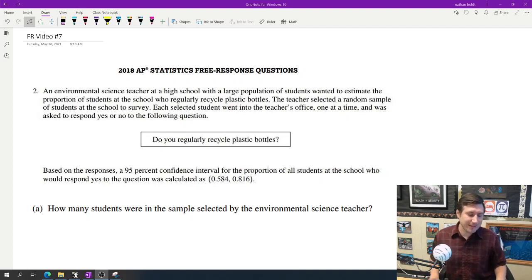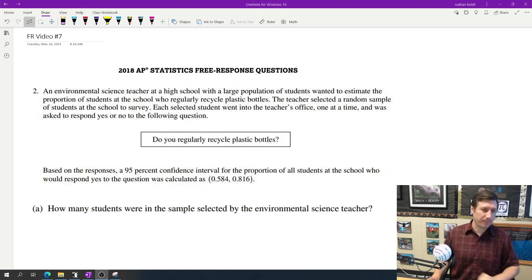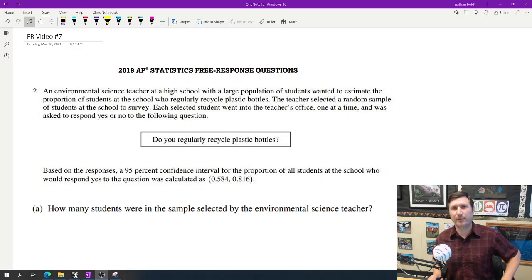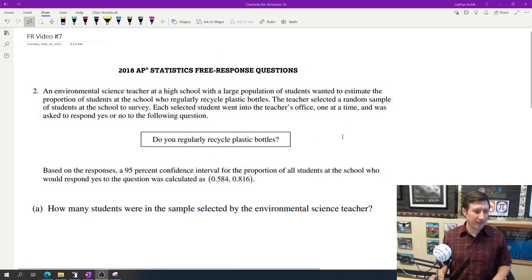Each student selected went into the teacher's office one at a time and was asked to respond yes or no to the following question. Do you regularly recycle plastic bottles? Based on the responses, a 95% confidence interval for the proportion of all students at the school who would respond yes to the question was calculated as that right there.